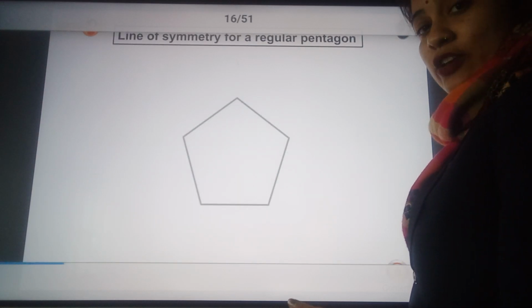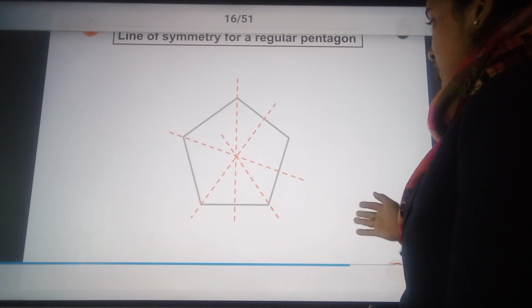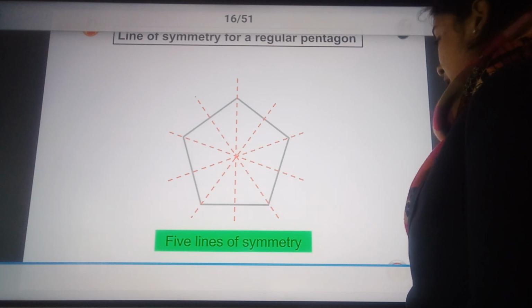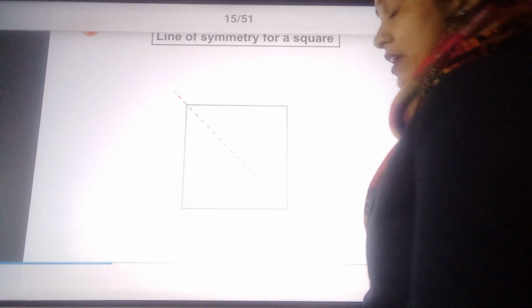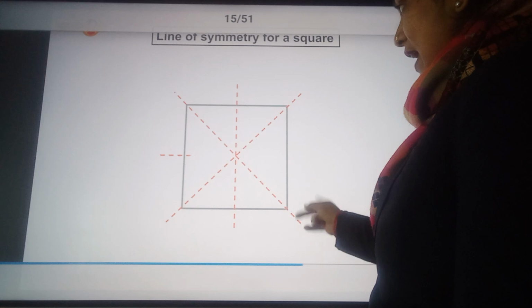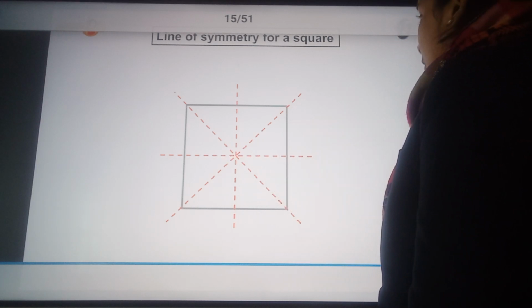Then here we have the lines of symmetry for a regular pentagon. A regular pentagon means 5 sides such that the measurement of each side is equal. Then we have the lines of symmetry for a square. Since a square has 4 sides, we have 4 lines of symmetry: the 2 diagonals, 1 vertical and 1 horizontal.